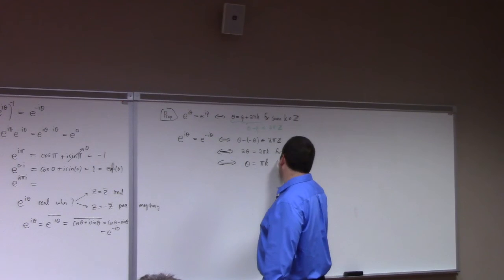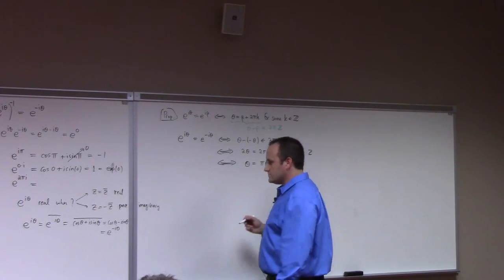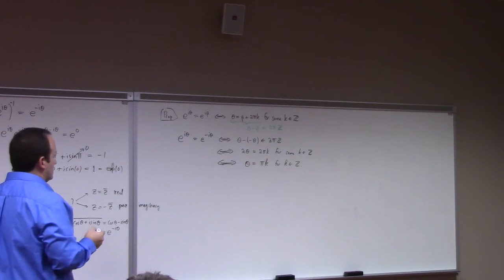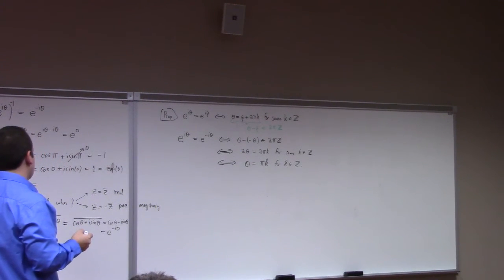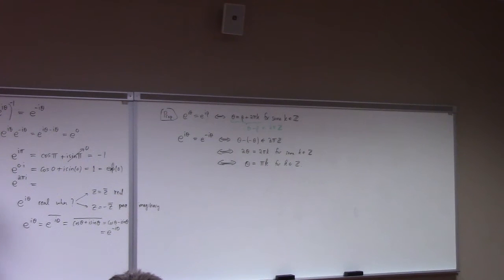Yeah, pi k. Well, of course. Oh, I know the thing that's bugging me. The thing that is bugging me is I keep thinking, but the exponential can't be minus 1. Where does that thought come from?